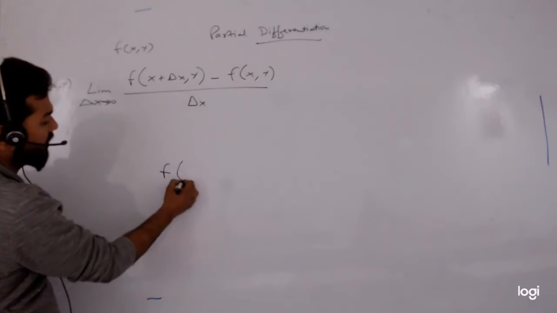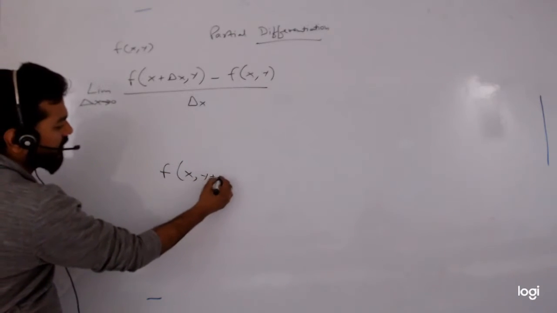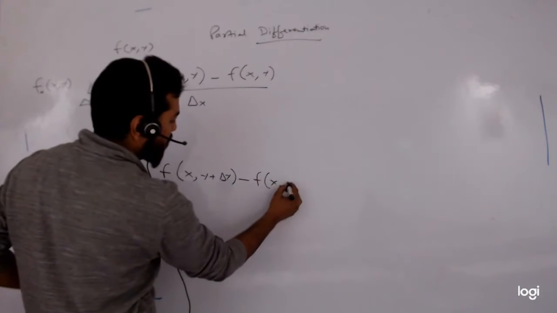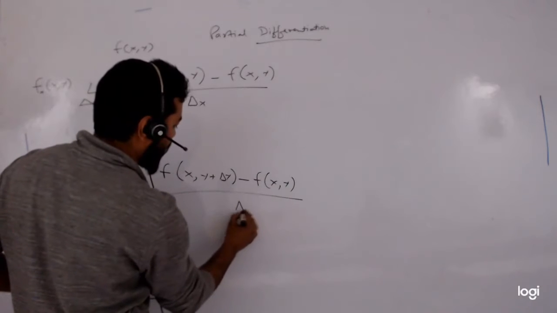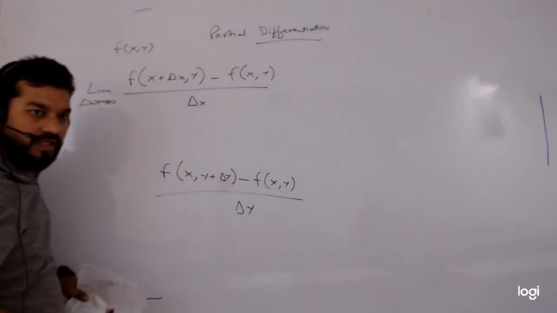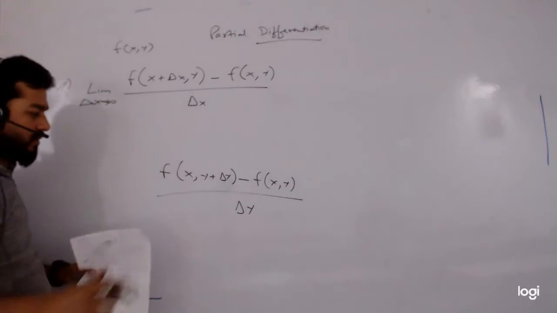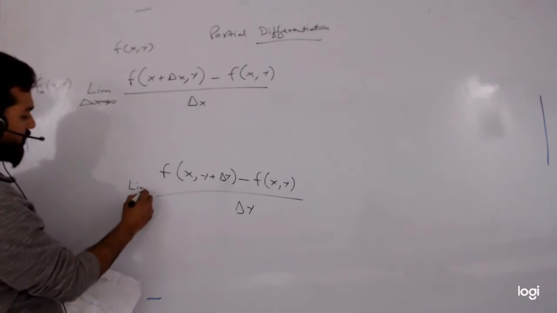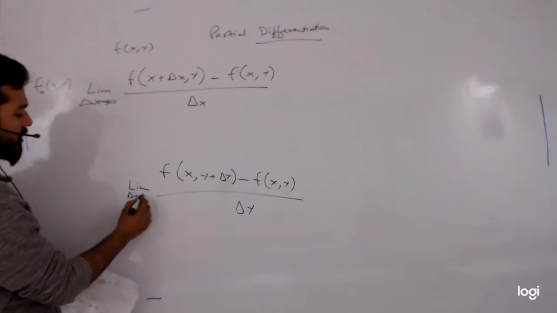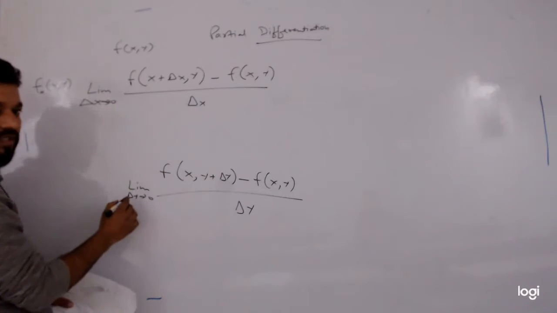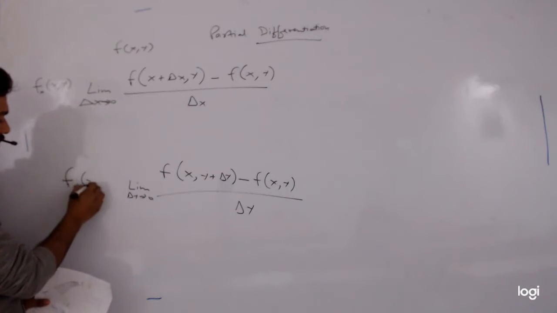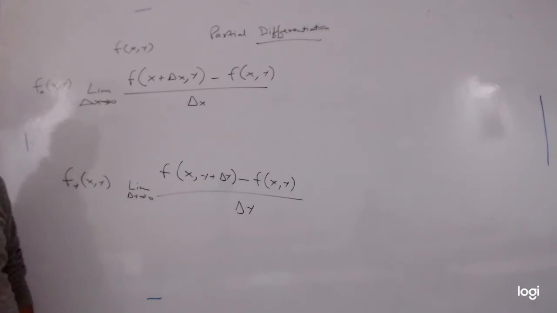If we keep x constant and change y by a very small amount, the rise would be this, the run would be delta y, since we're moving towards increasing y with x constant. If we apply the limit as delta y tends to 0, we get the partial derivative with respect to y of a function of x and y.